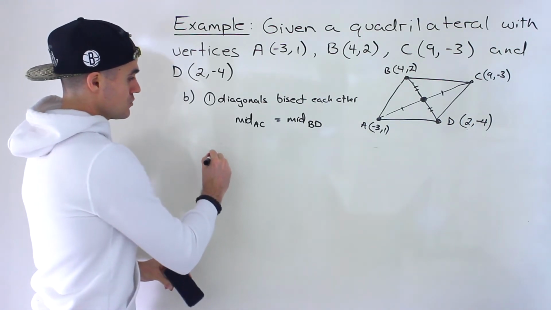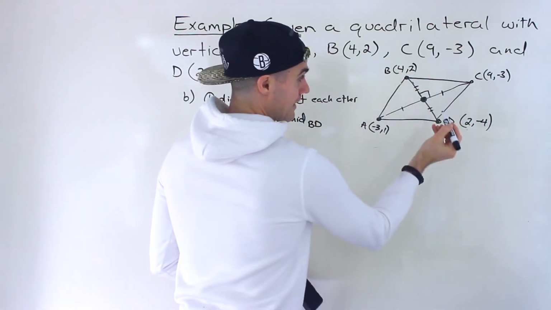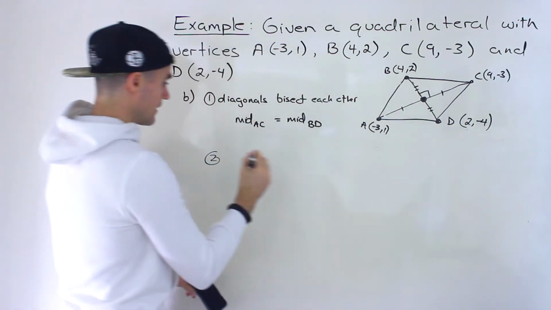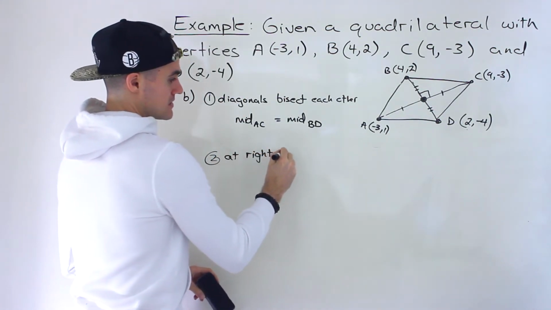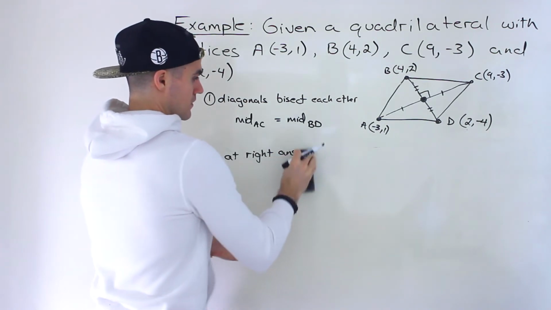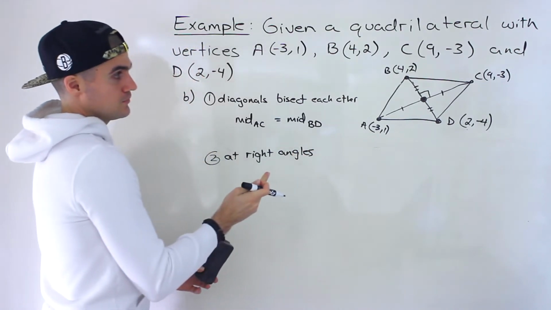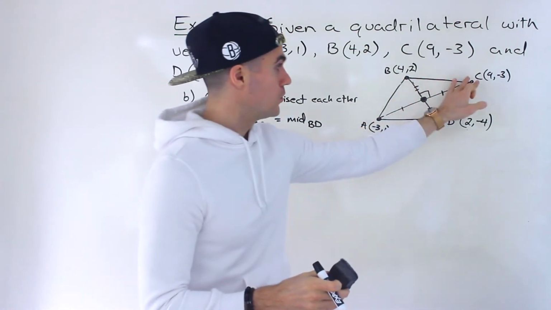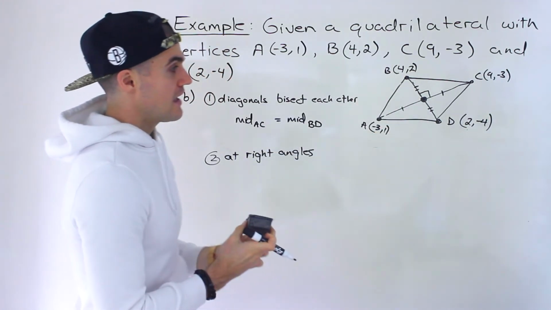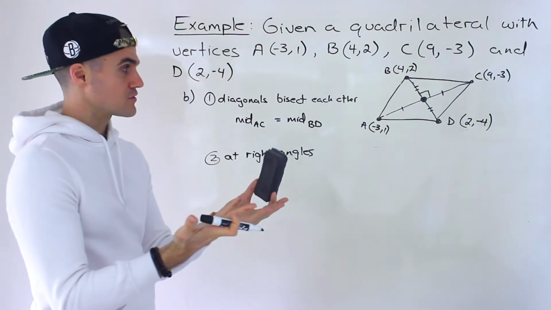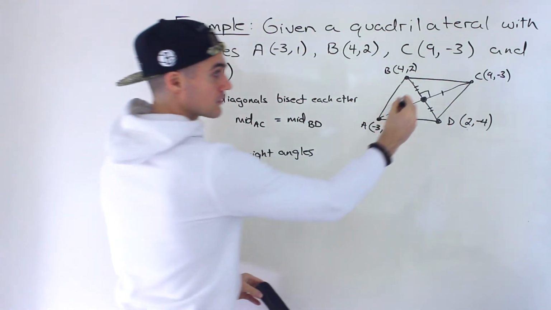Now in step 2, to show that they're bisecting at right angles, we have to show that these two diagonals are going to be perpendicular. And so how can we do that? Well, what we can do is find the slope of AC, find the slope of BD, and then if those two slopes are negative reciprocals of one another, then we know that those two diagonals are perpendicular, right?